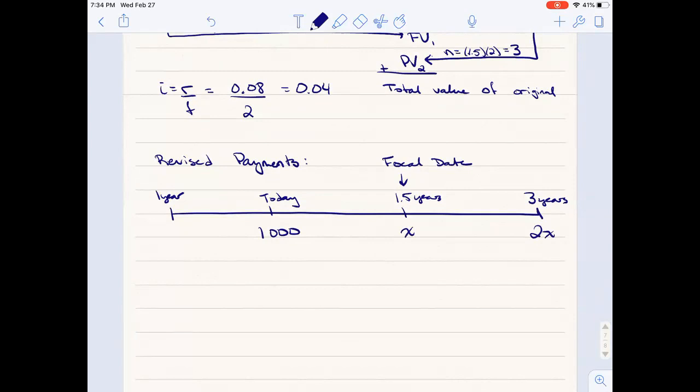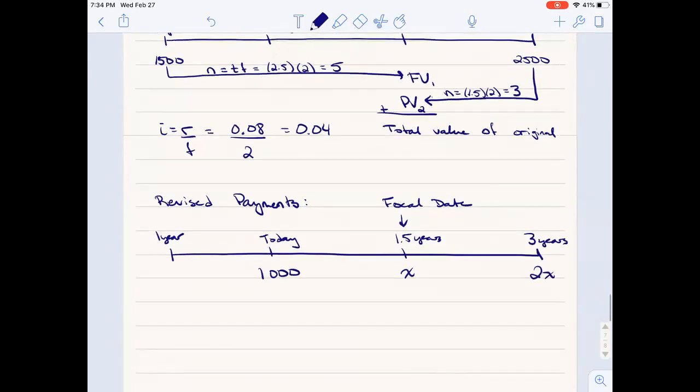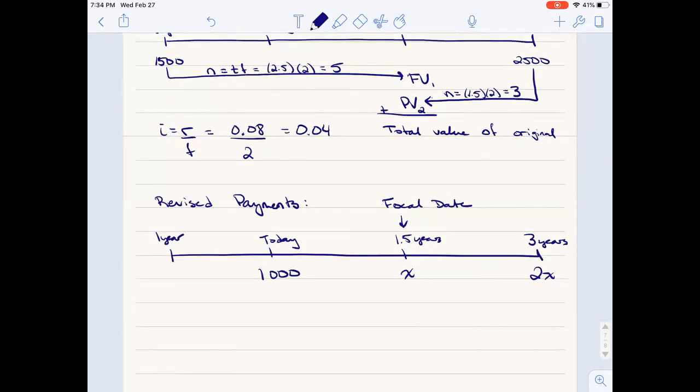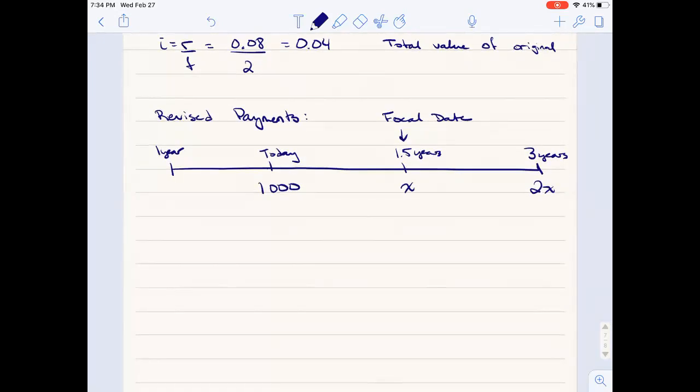Regardless of what they are, they all have to be worth the same as the total value of the original payment plan 1.5 years from today. So we pull this one forward to some future value 3, my third calculation. And then 2X becomes some present value 4.